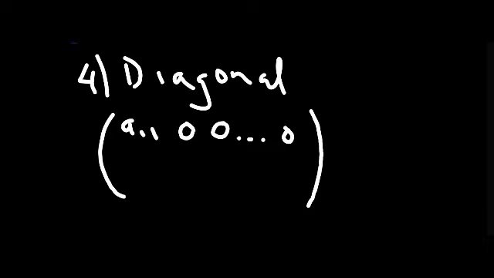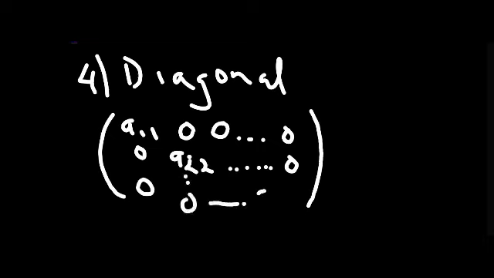Then going down, because these are not in the main diagonal, there you have A22, and then everything else there would actually be 0. Then going down, everything will be 0. Then going this side, it will be Ann.